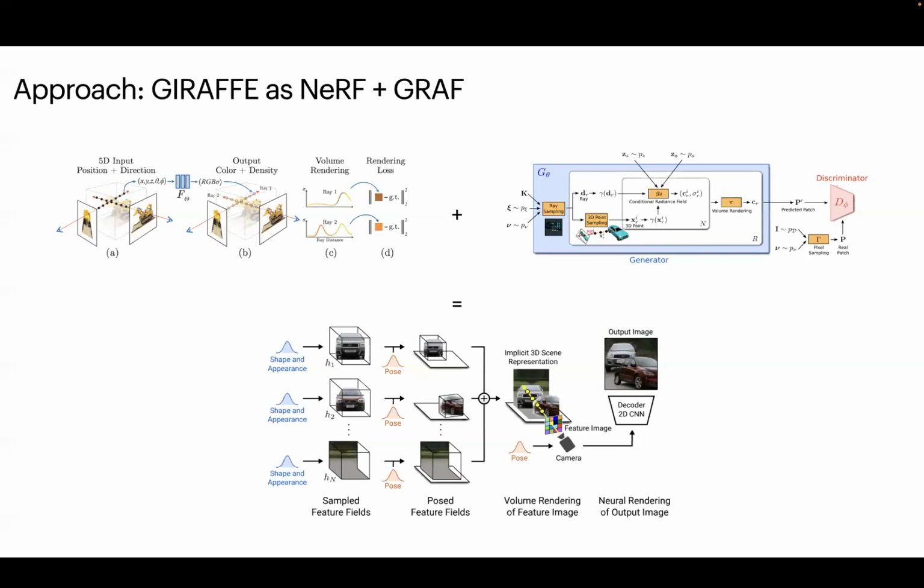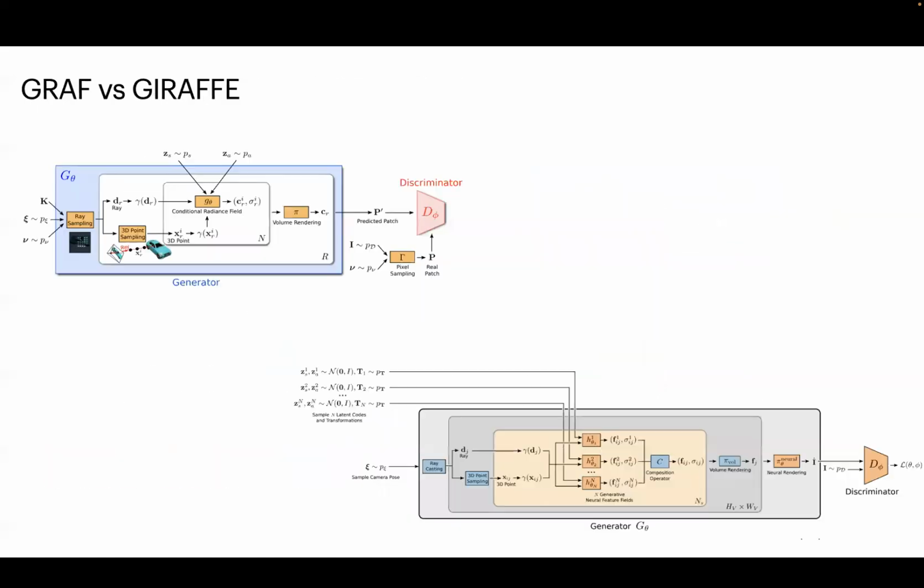It gives free control of the generated part, and it also largely decreases the rendering time of generating such photos. And this is GIRAFFE versus GRAF, I don't know how to pronounce that. As you can see, they have different conditional radiance fields and different inputs. Now they don't need to concern themselves with the camera matrix.